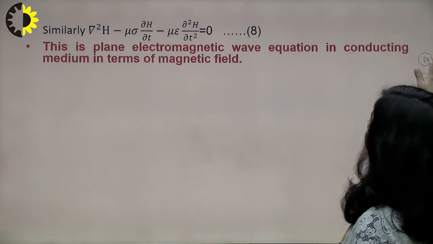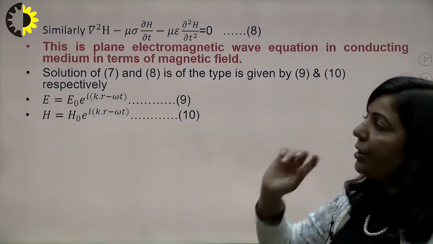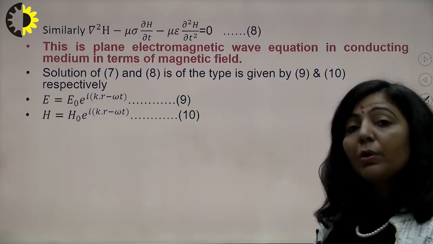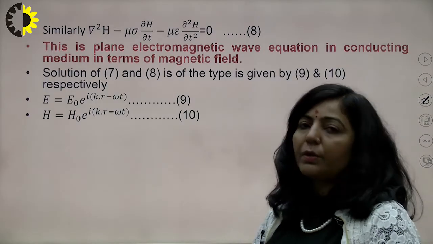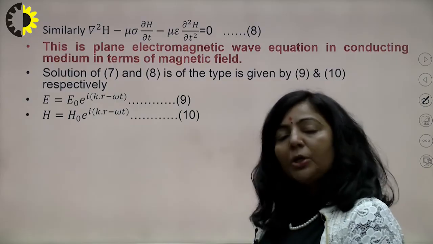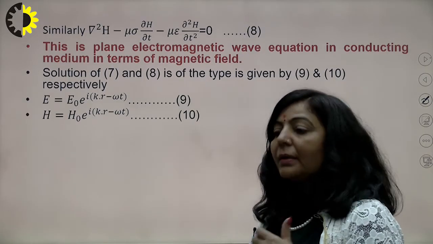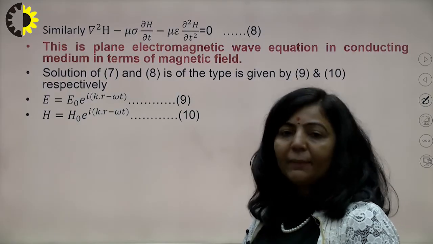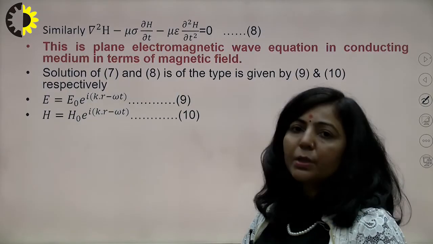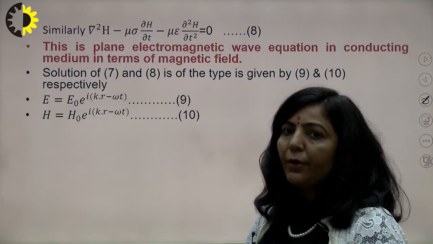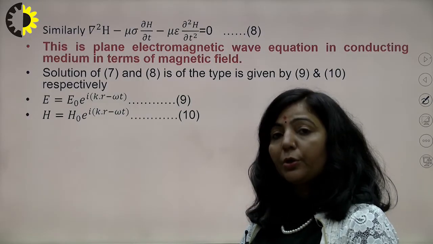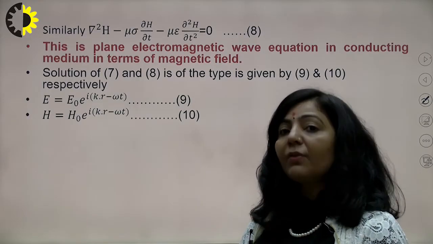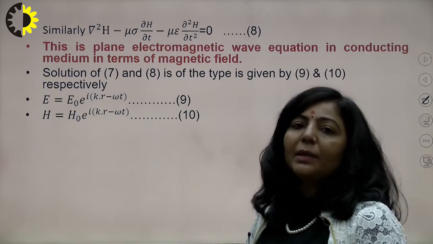Now you know that these are second order partial differential equations. I have mentioned that using the mathematical concepts of differential equations, you can solve those equations and find the solution of those second order partial differential equations. Since they are representing the wave nature, you are going to get the oscillating behavior.